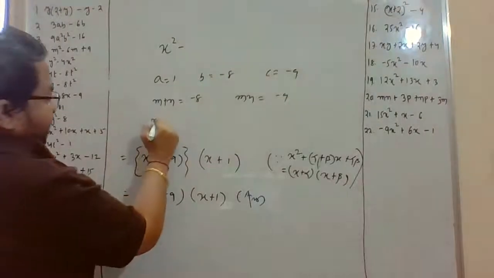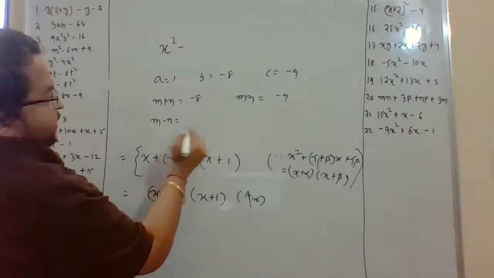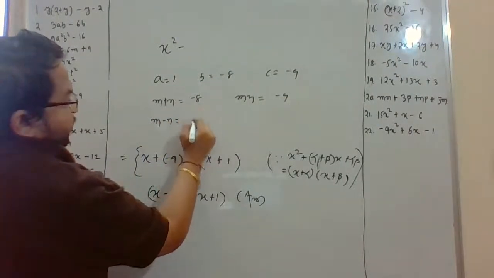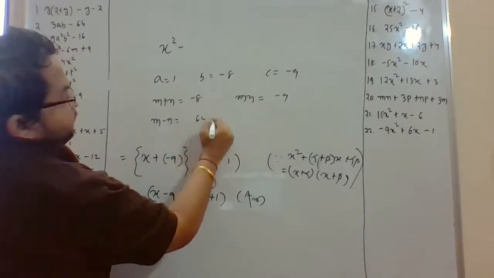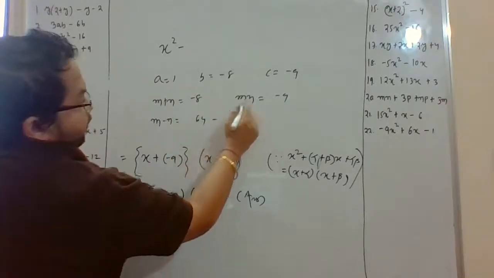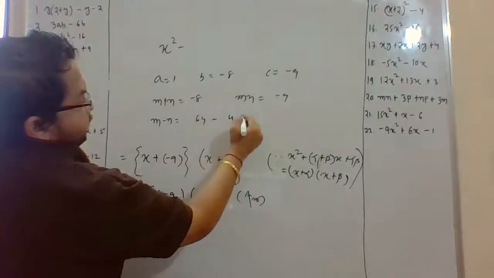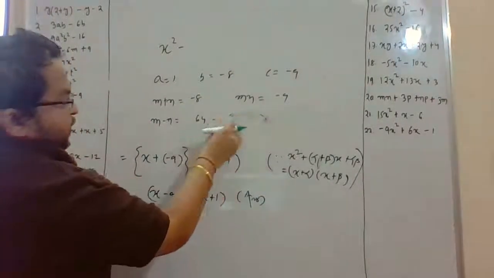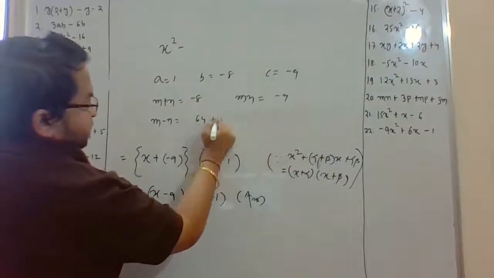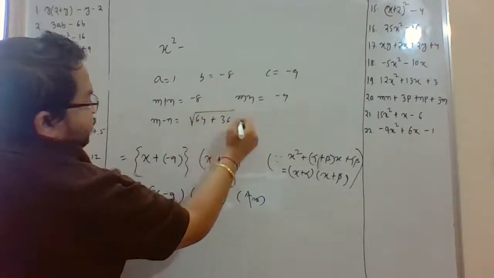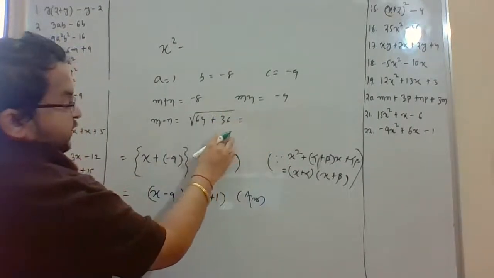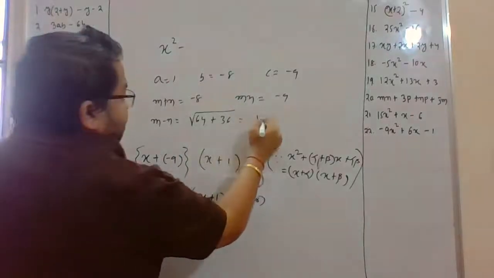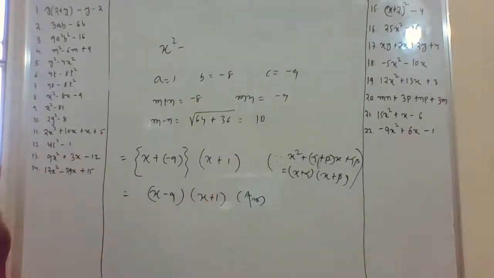So obviously your m minus n would have been nothing but square root of 8 squared, 64, minus 4 into -9. So 4 into -9 is nothing but -36. Minus of minus is plus. 64 plus 36 root over. 64 plus 36 is 100. Root over of 100 is nothing but 10. So your m minus n is 10.